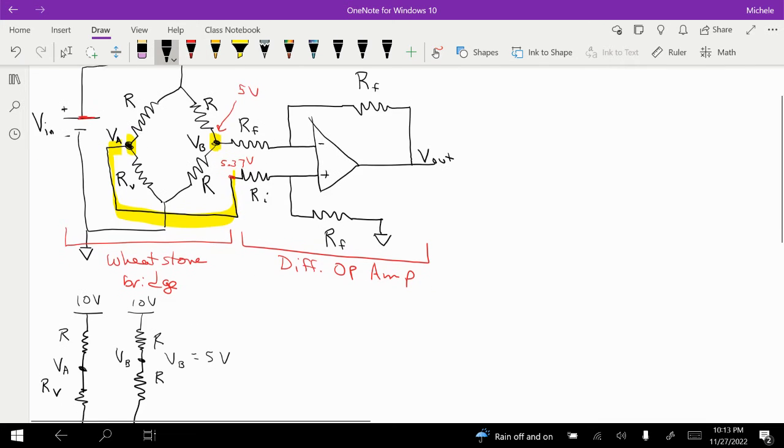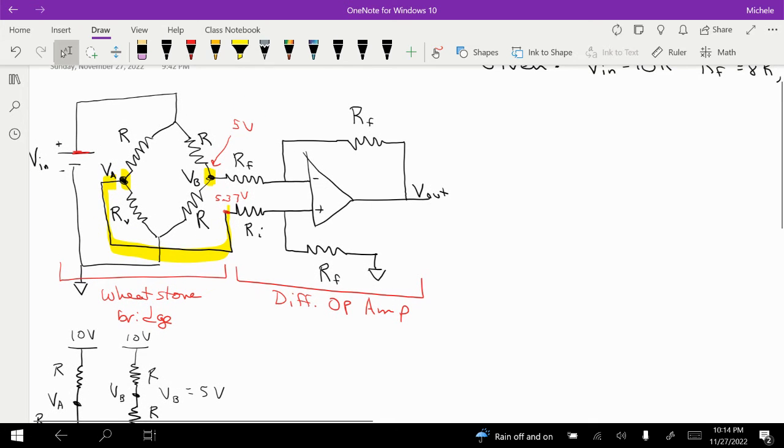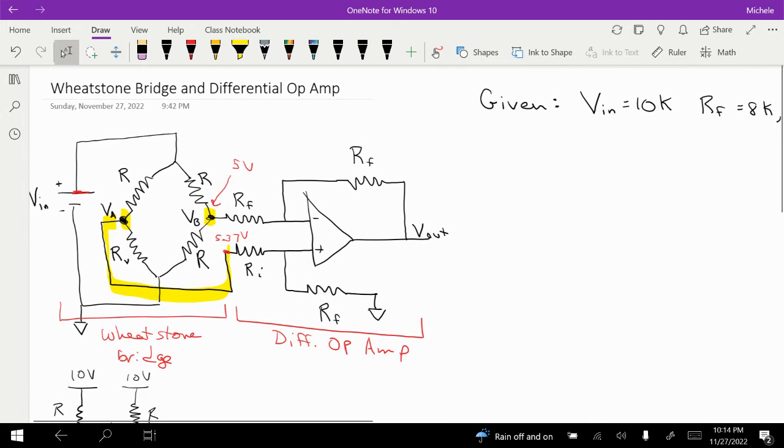So remember, for a differential op amp, we can look at the general equation, and that is that V out is equal to RF over RI times VA, because VA is connected to the positive, minus VB.